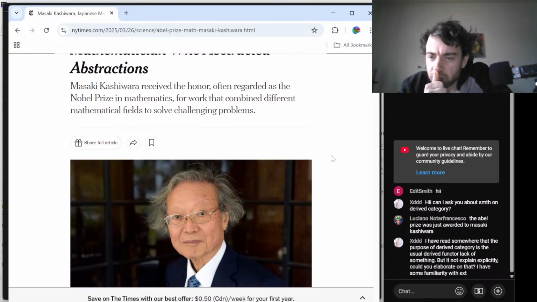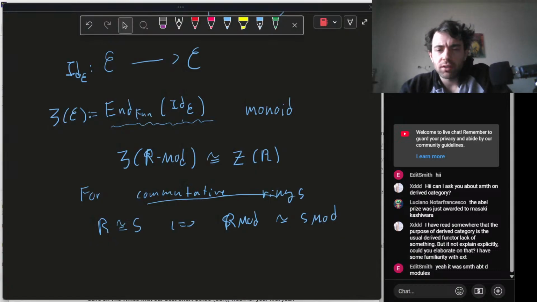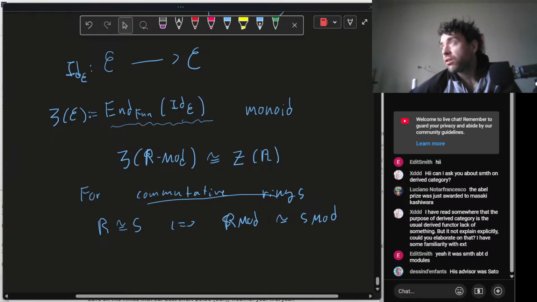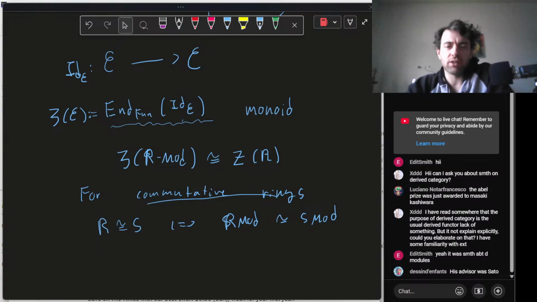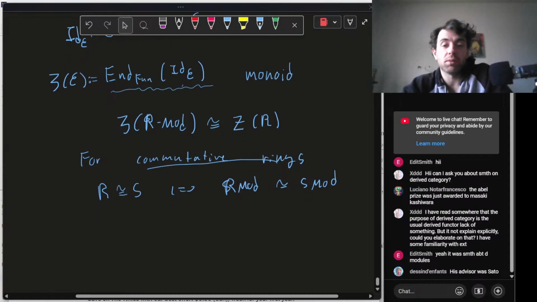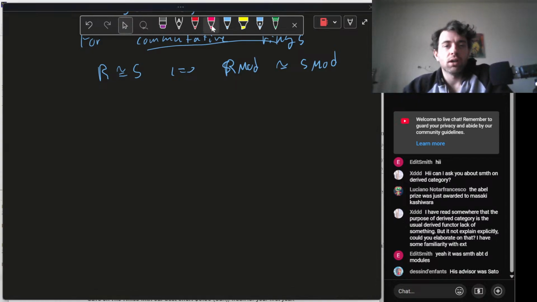I've read somewhere that the purpose of the derived category is that the usual derived functor lacks something, but it's not explained explicitly. Could you elaborate on that? I have some familiarity with Ext. Yeah, there's a lot one could say about the derived category. I don't know if it's about the usual derived functor lacking something. Maybe there is a legitimate perspective about that, but it's not the perspective I have.